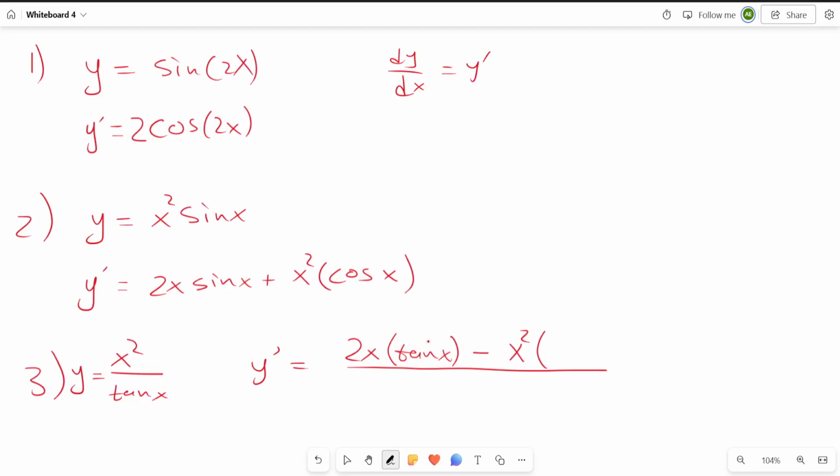And what is the differentiation of tan x? We know that it is secant squared of x. And all of that over tan squared of x, or over the denominator function squared. So this is basically going to be my answer.